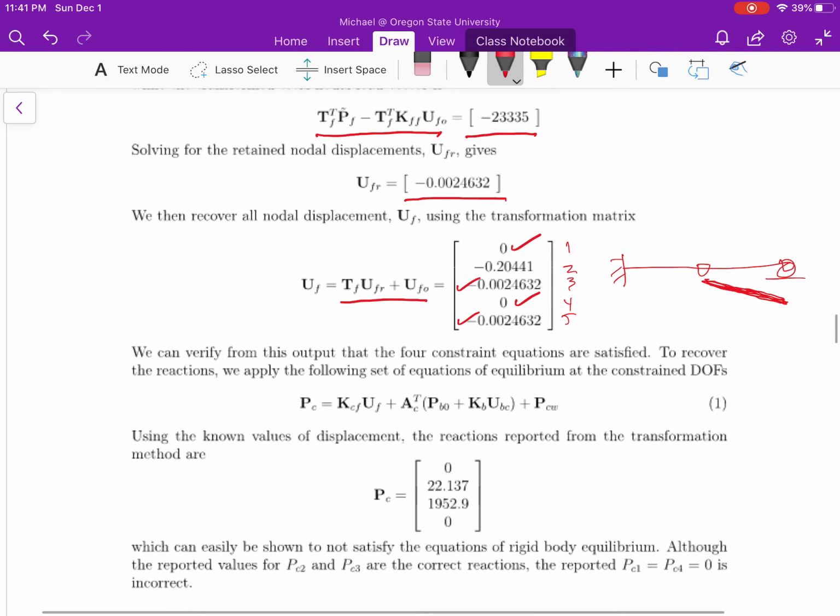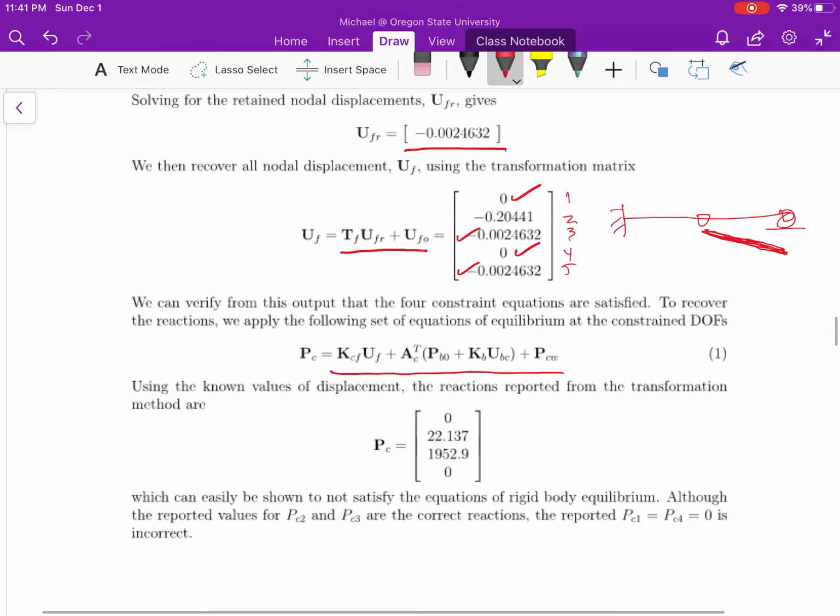All right. So if we use these displacements to recover the reactions, using an operation like this, we get these reactions shown here, which are 0, 22.137, 1952.9, and 0.